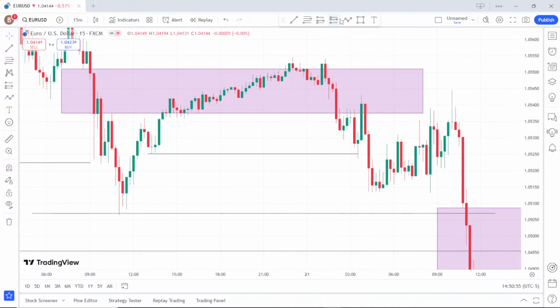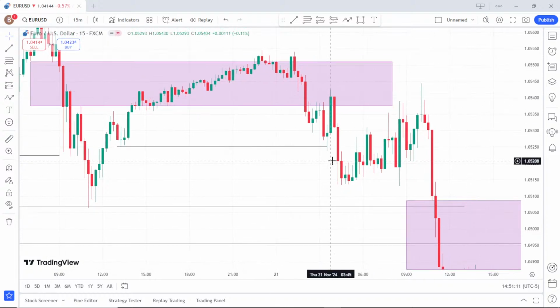Immediately price retraced back into a bearish scenario and then dumped. I participated in this trade, this particular one exactly, and then got as low as here. I think I eventually took the majority of the bulk here.